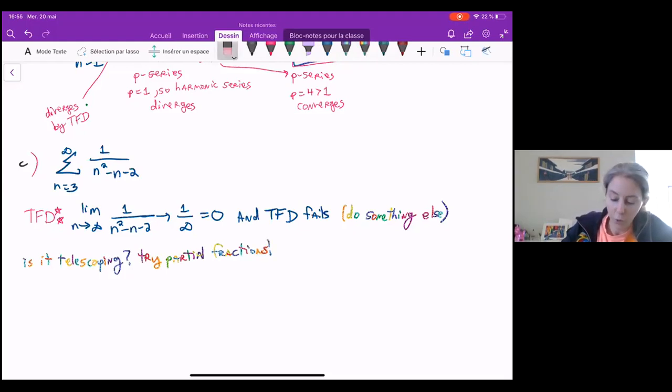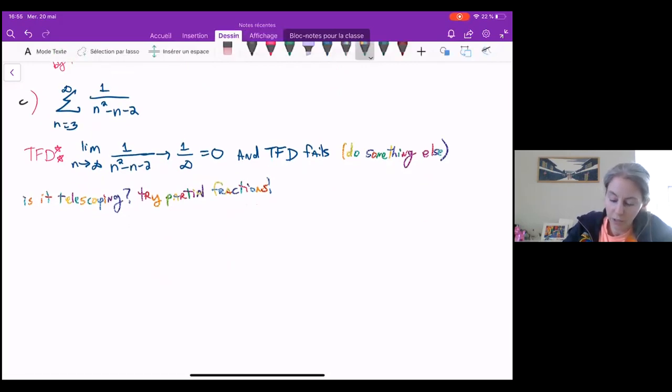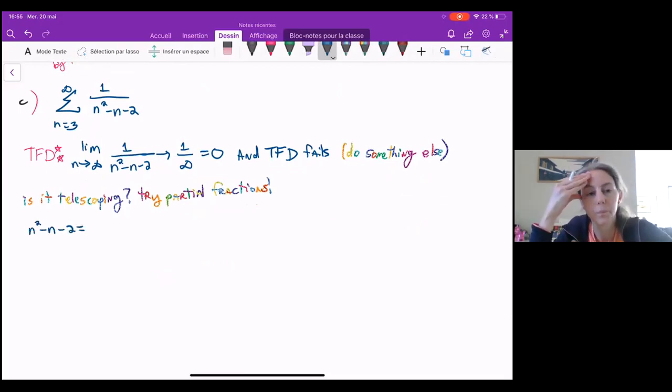Okay, so for our partial fractions, first we're going to factor n squared minus n minus 2. What does that equal? You got it. n minus 2 times n plus 1.